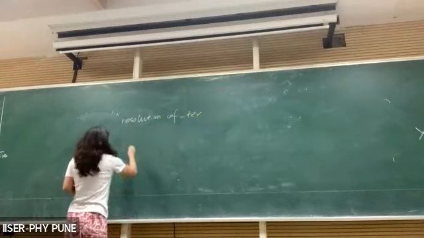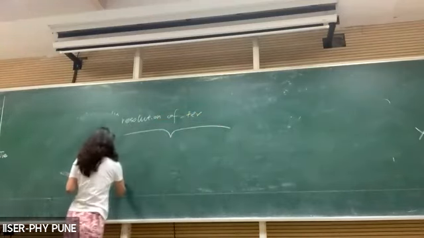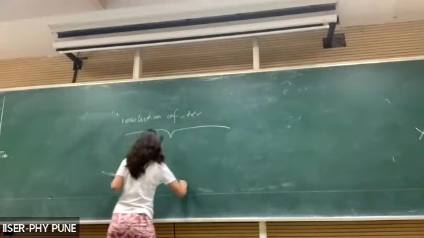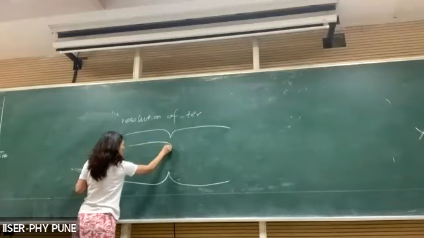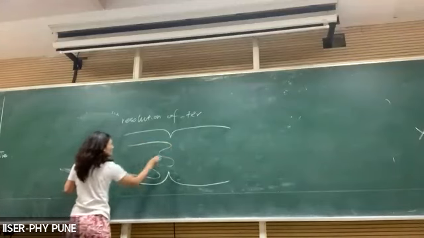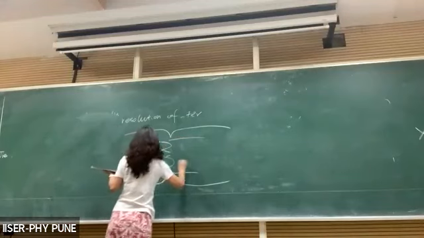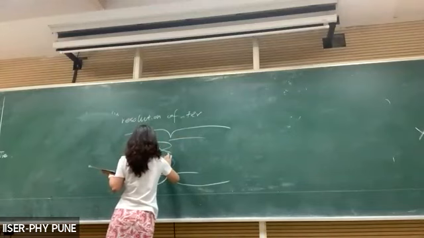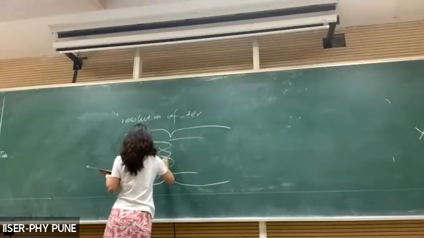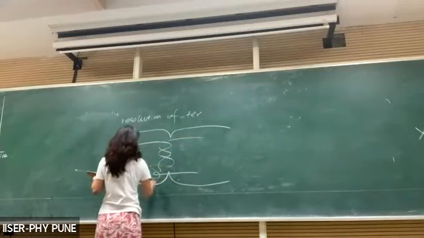So if we draw the cell about to divide like this, now you have two copies of the chromosome, and they could be tangled all over the place, like this.